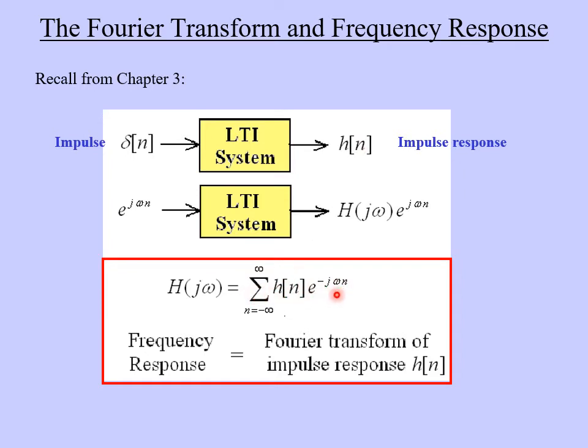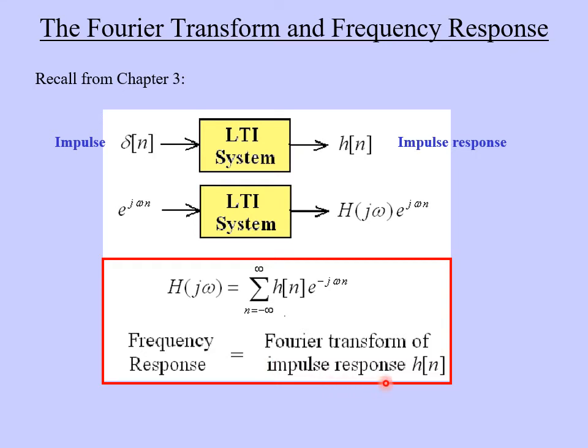But what we just learned in this chapter is that this summation here is the definition of a Fourier transform of this sequence h of n in here. So here we come to an important conclusion, that the frequency response is just the Fourier transform of the impulse response.